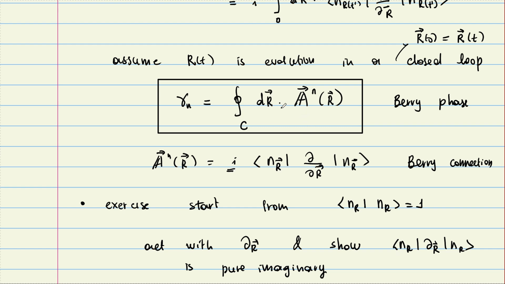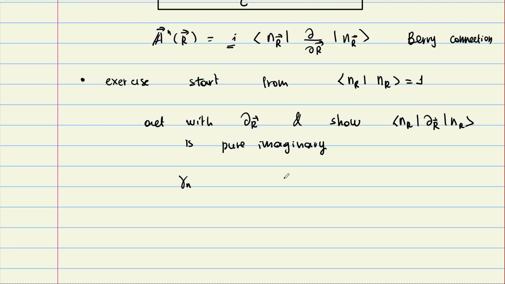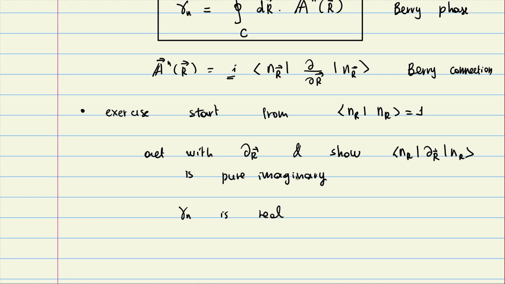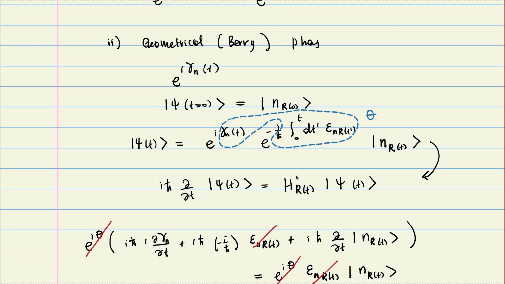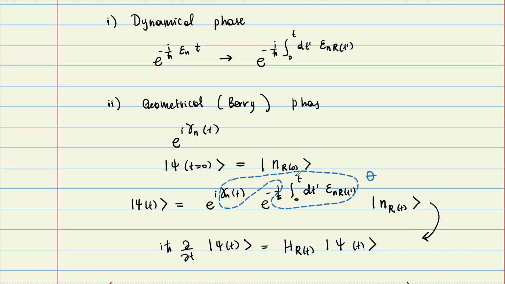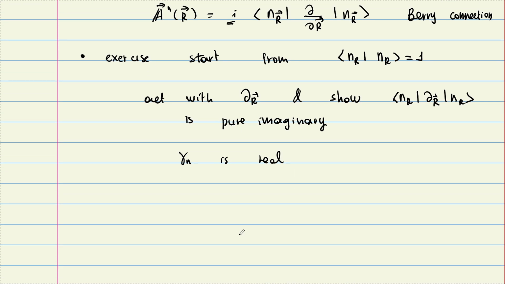That means gamma is going to be pure real. So gamma is real, and it should be, right? Because the way we set up the problem, we put gamma as a phase, but if it was not pure real, it would imply a decay, and that would not be nice. So that also is consistent.